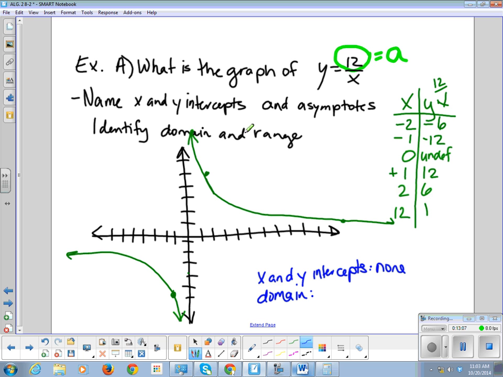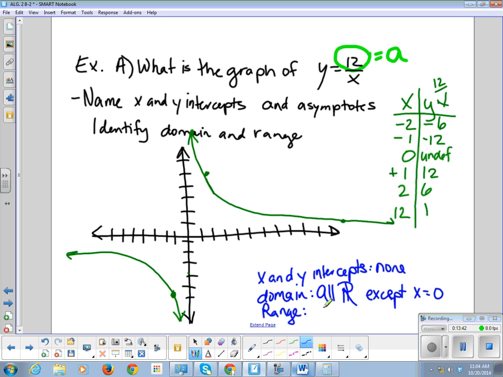So my domain is all real numbers except x equals 0. So I get all the real numbers except 0. Not allowed. And then my range. Are there any y values that I can't have because of either my domain or just the way the function looks?